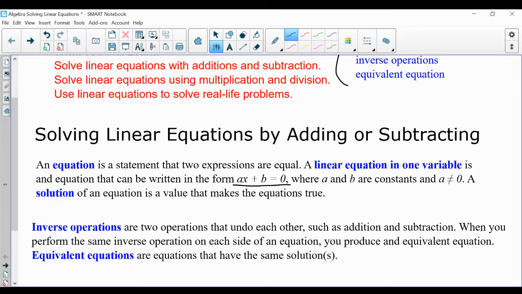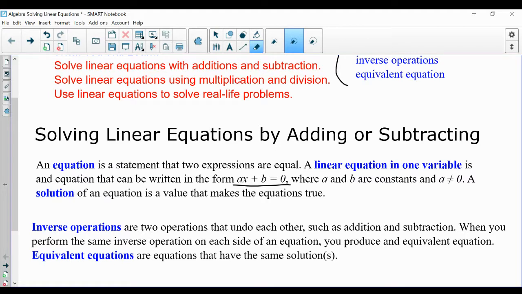You can see that the variable is in there, x, and then we have our a and b. A and b are constants. They're just numbers. And a cannot equal 0, because if a equals 0, that's just going to get rid of the variable, and we want to keep the variable.